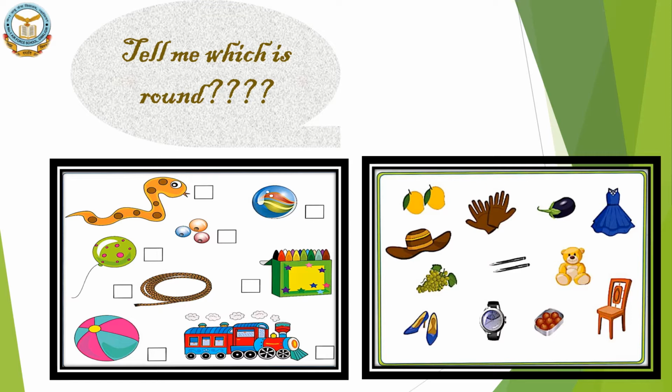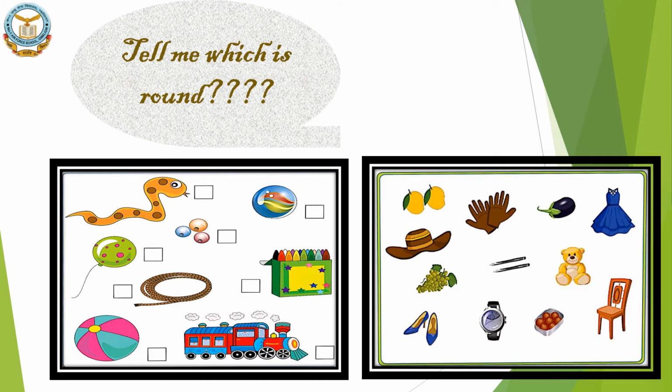Let's start. In picture 1, find out the round objects. Take your time. Okay, in picture 1, the round objects are marble, beads, balloon and ball.